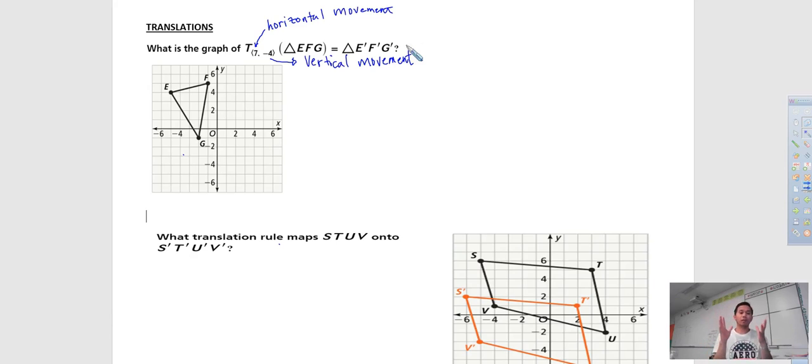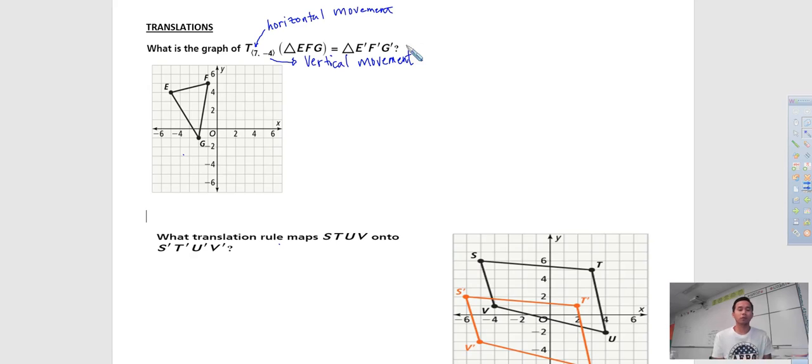Now there are clear indications and symbols that we need to follow. Take a look at whether it is a negative or a positive number. If it is a positive number, it moves up and it moves to the right. If it is a negative, it goes to the left or it goes down.